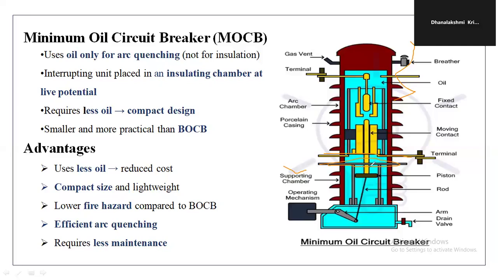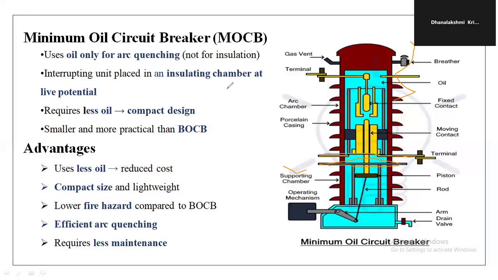It is filled with oil which is physically separated from the oil in the circuit breaking compartment. The oil inside the supporting chamber and the annular space formed between the porcelain insulation and paper is employed for insulation purposes only. And the second one is the circuit breaking chamber.